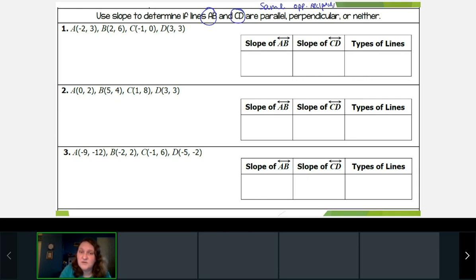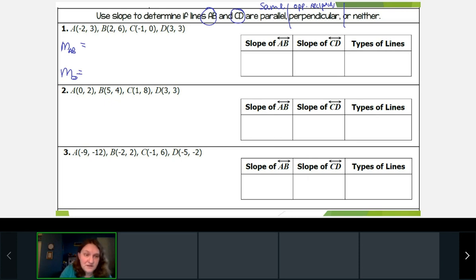And if they're neither one of those things, if they're not the same and they're not opposite reciprocals, then they're neither. So the way I notate this on my papers is I write the symbol for slope, little sub AB. So this will be the slope for AB, and then slope CD. And so we need to calculate the slope for each of these. They gave it to me as points, so I'm going to use the formula.